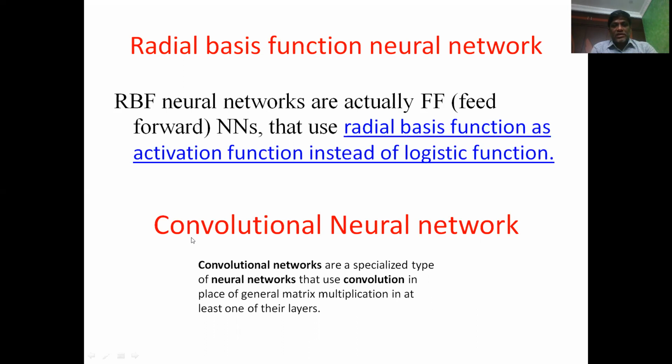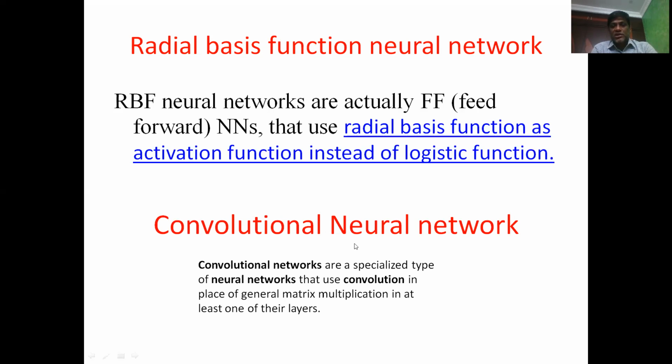Another important category of neural networks is convolutional neural network, where special convolutions are used in place of general matrix multiplication in at least one of the layers. So these are the special neural networks that make use of convolutions in place of general matrix multiplications to find the output of the neural network.